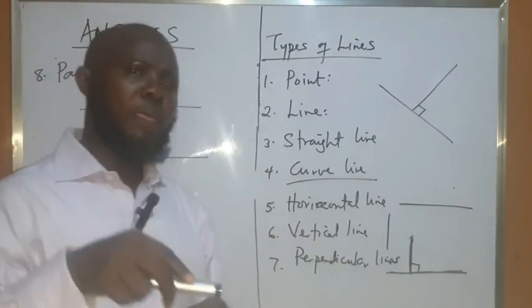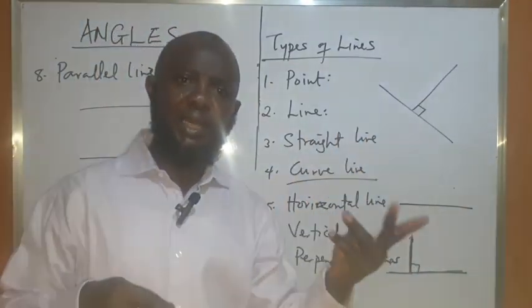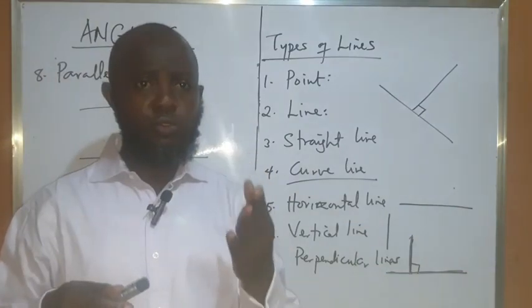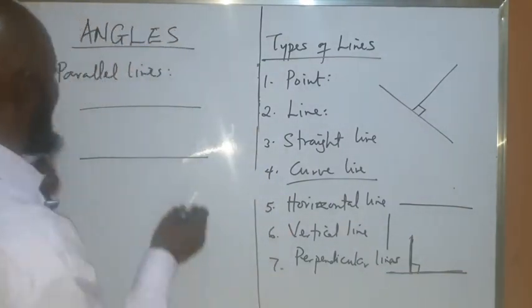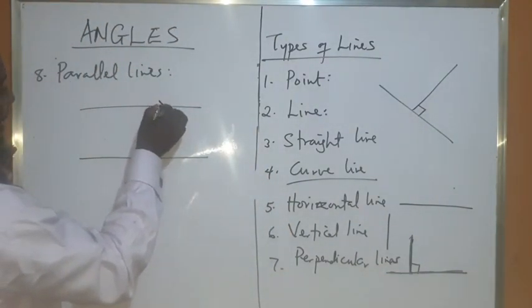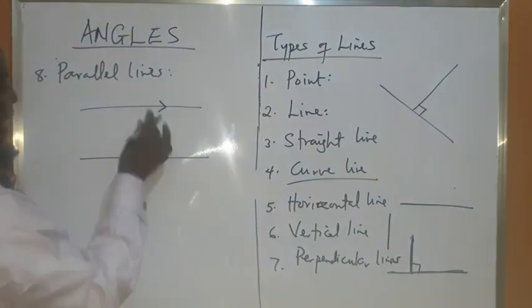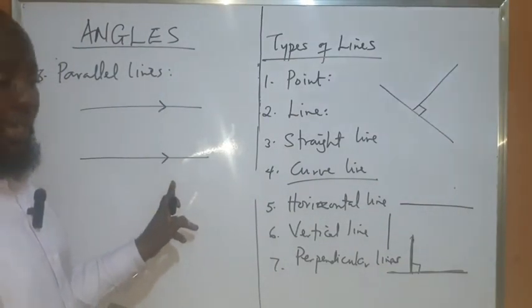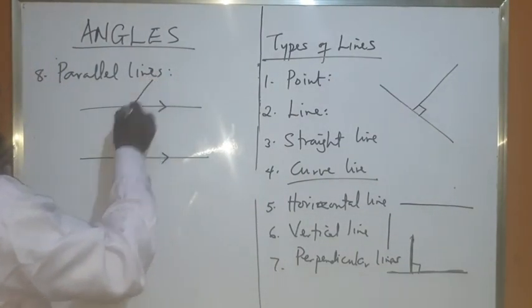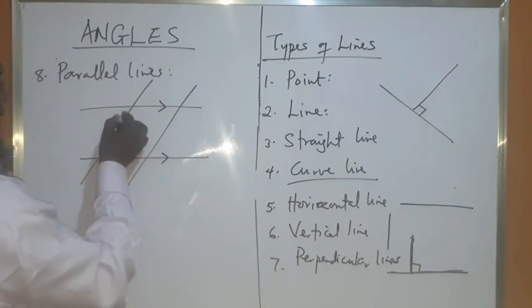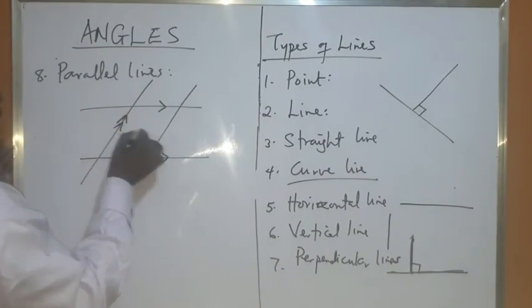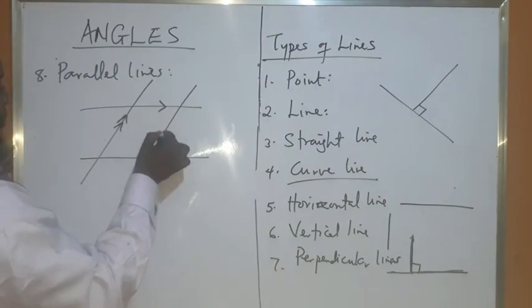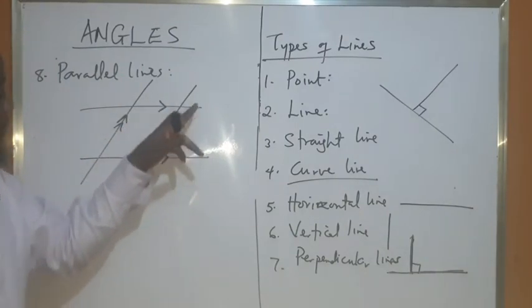And how do we know that 2 or 3 lines are parallel? Something we use to denote that is an arrow on the lines. This arrow shows that these 2 lines are parallel. If I draw another line here like this, I just put 2 arrows there, to differentiate between the 2.